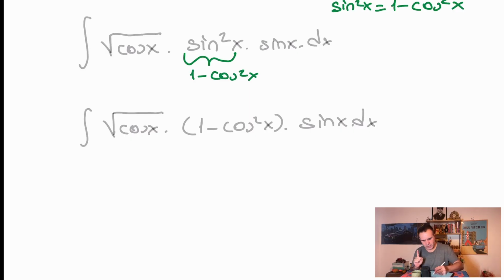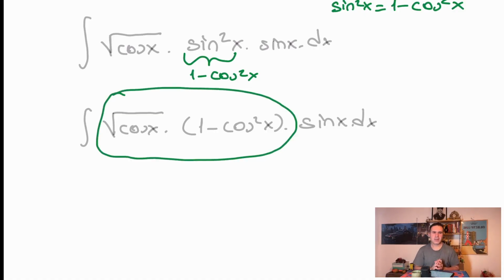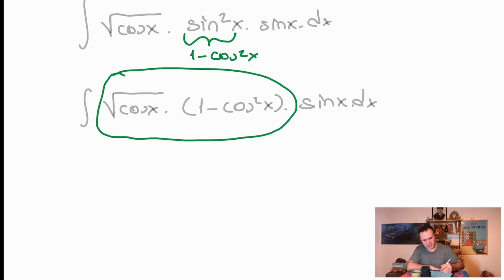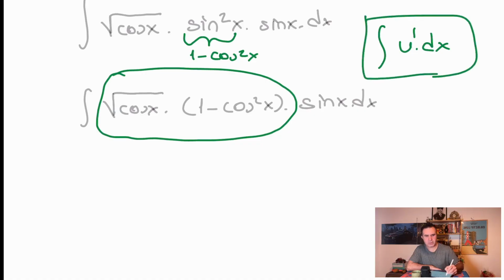Now, we have a function of cosine x here, and the derivative of cosine x is minus sine x, and its derivative is multiplied by dx. If we have a function and the function's derivative is multiplied by dx, we use substitution.